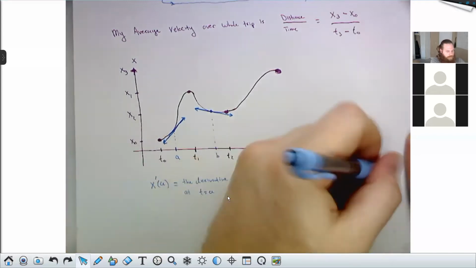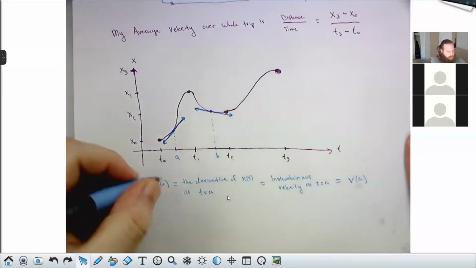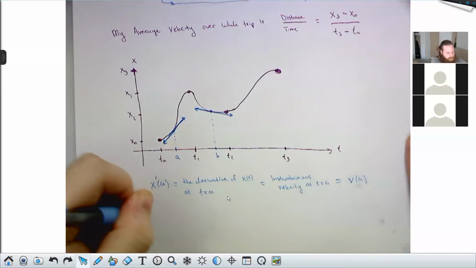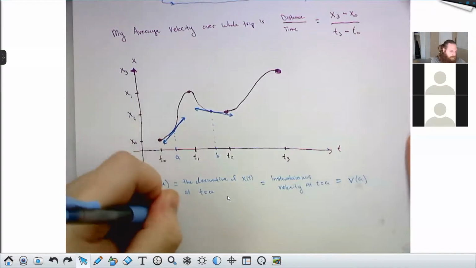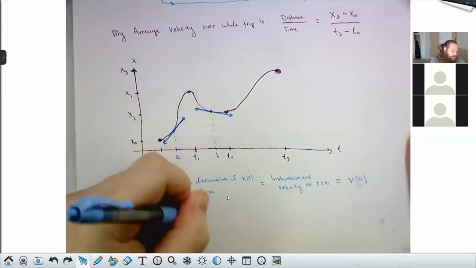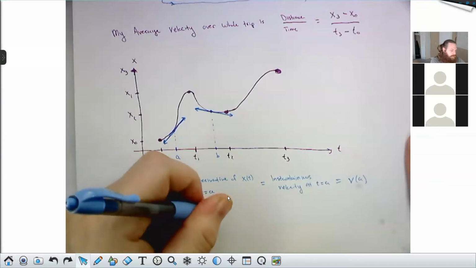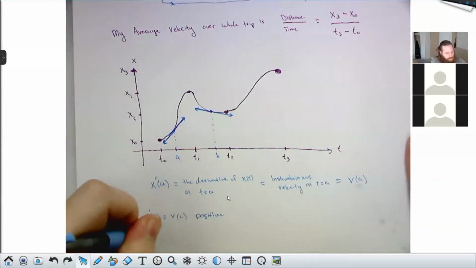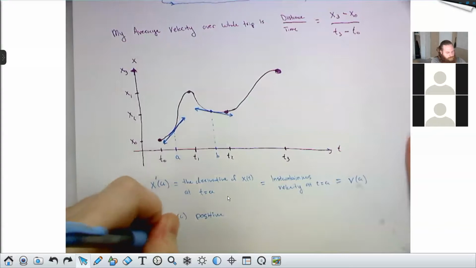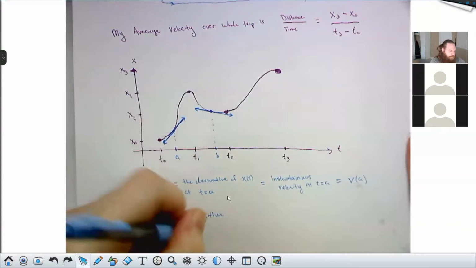So this guy is positive: x primed of a, which is v of a, is positive. And x primed of b, which we would also call v of b, is negative.